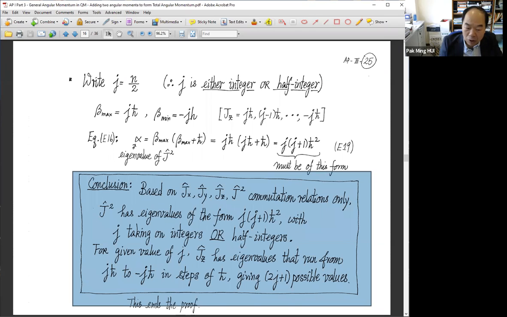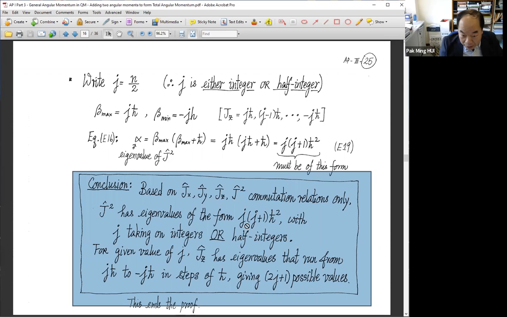Then you can make use of all the answers here. The magnitude square must take on this very particular form, j times j plus 1 ħ square. Actually, more familiar should be the square root of j times j plus 1 times ħ. That is the magnitude of the angular momentum.